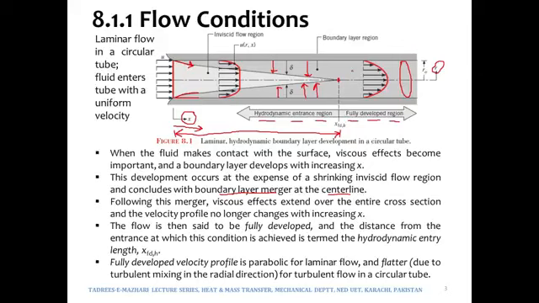Of course, the velocities will be changing. See, in the fully developed region, what would be the velocity of the fluid over here at this interface? It would be 0 due to the no slip condition. Over here it would also be 0.